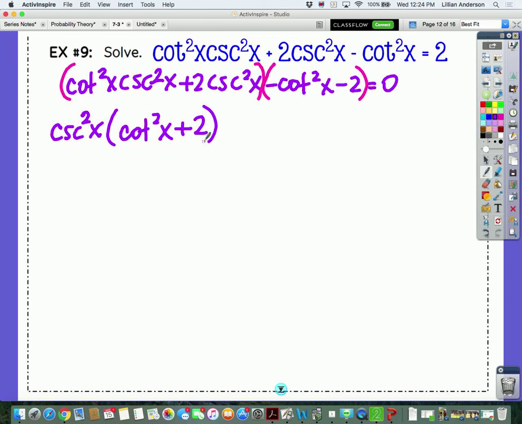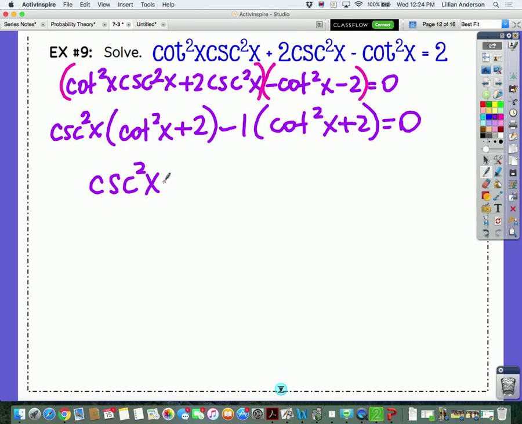What's the GCF here? A negative 1. When I take a negative out of here, this turns into a plus 2. And remember, when you're factoring by grouping, the 2 inside should be the same. So here are my factors: cosecant squared x minus 1 and cotangent squared x plus 2.